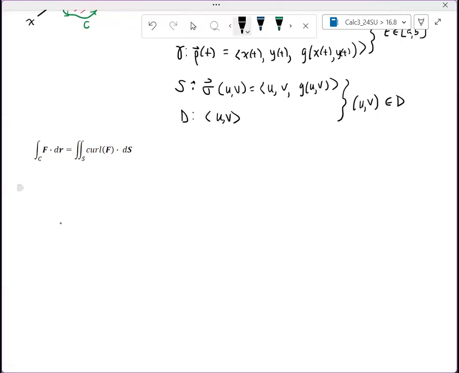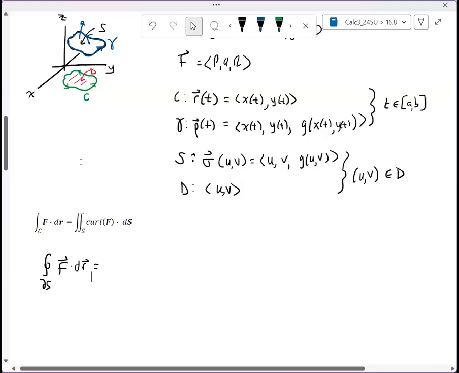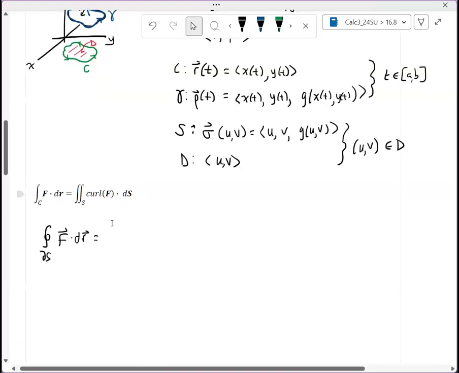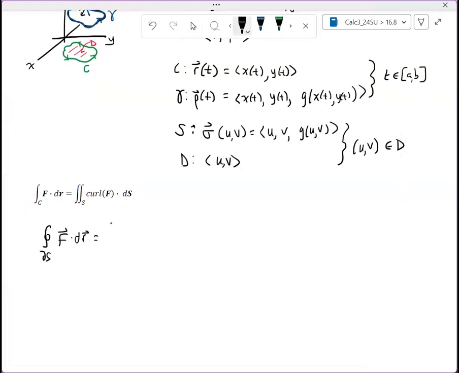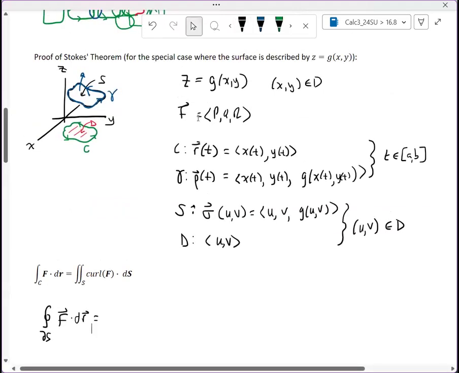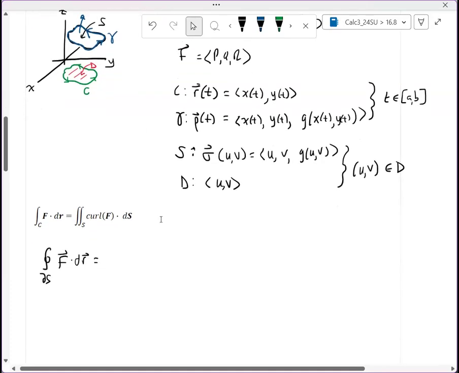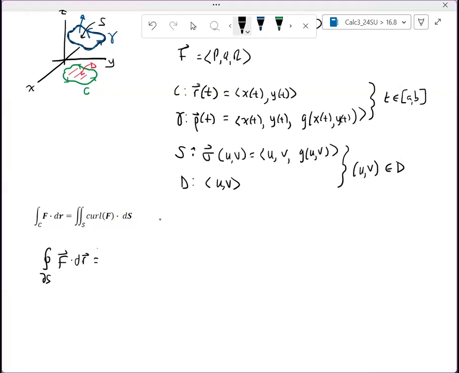So here I have, on one hand, the integral over the boundary of S, I'm just going to write it this way, F dot dr. So the line integral over the closed curve boundary of S, or we're calling that gamma up here. And I can say that this is, well, F dot dr, or I suppose this is d rho actually, isn't it?